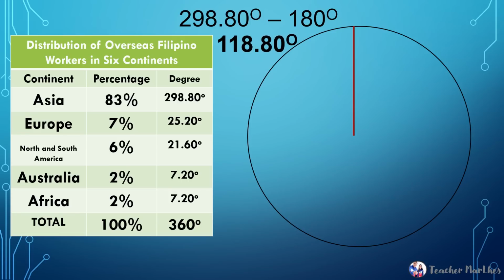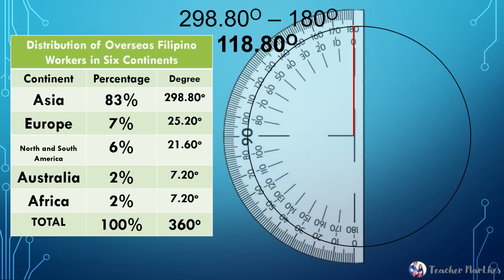So ililipat natin ang protractor sa kabila para maidagdag ang 118.80 degrees. So, titingin tayo simula sa 0 ng protractor dito sa left side. Dito po. Then, hahanapin natin ang 118.80 degrees. 118.80 degrees.